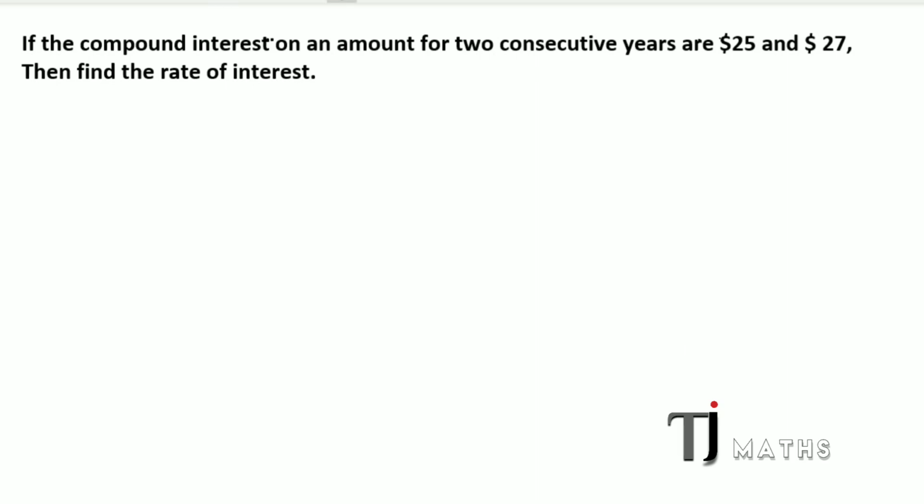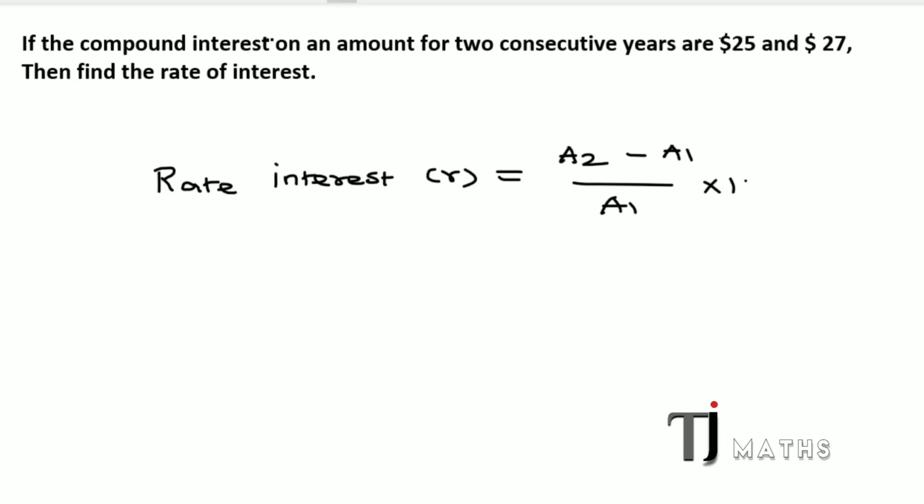We can use the formula: the rate of interest is equal to the ratio between the difference of interest amounts and the first year interest amount, times 100. That is, (A2 minus A1) divided by A1, times 100, where A1 is the first year compounded interest amount, which is $25.